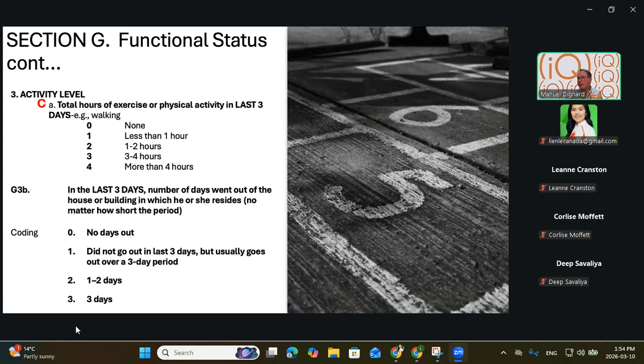I don't believe they helped with clarification in any way, but what they said, and I'm quoting their release, is that to be included in the total hours of exercise or physical activity, G3A, the exercise must involve at least moderate physical activity.